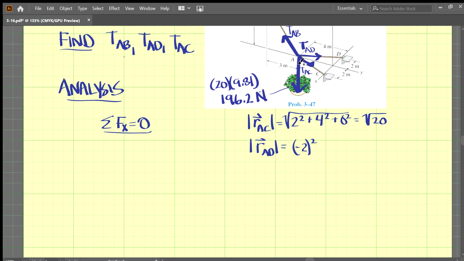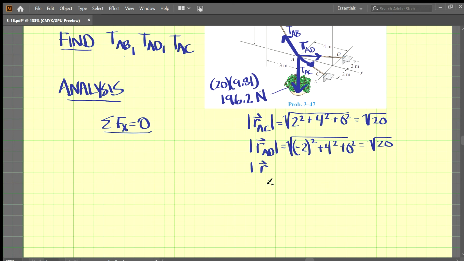In the y direction, we're moving in the positive y direction as we move from A to D, and that's 4, so plus 4 squared. And then in the z, again, we have 0. All right, take the square root of that, and then we have the total length of cable AD is the square root of 20.